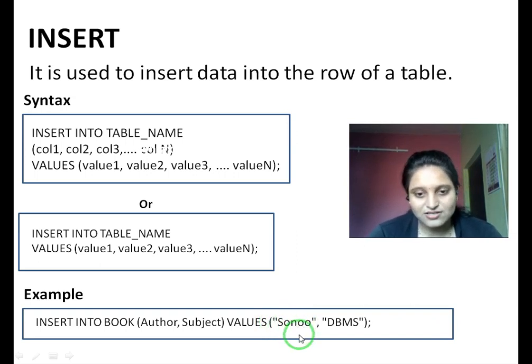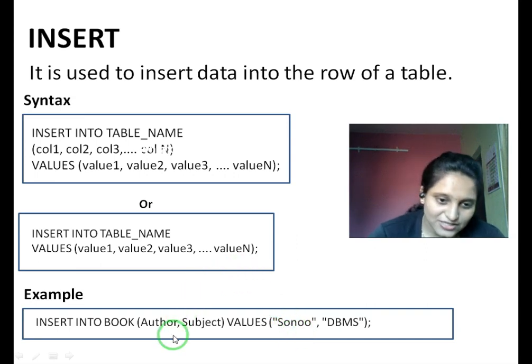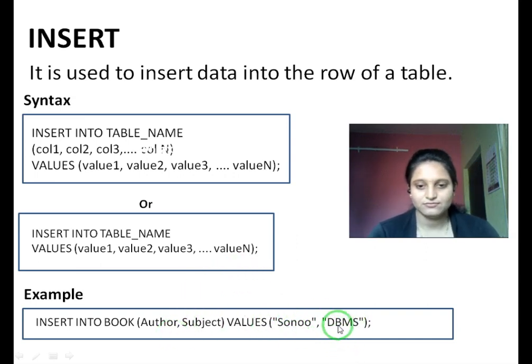So this is the first value placed in the author column. The second value, dbms, is also a string, therefore you must include it in quotation marks. Okay, and then this dbms gets placed in the attribute subject, or column name subject, for this tuple.